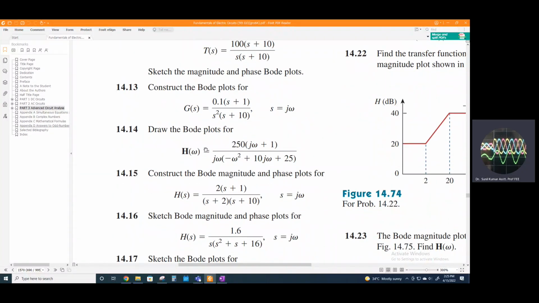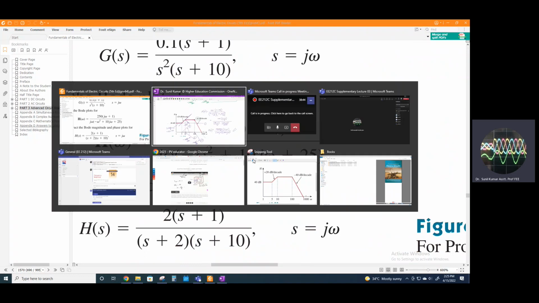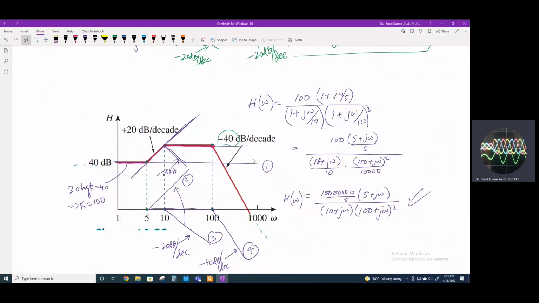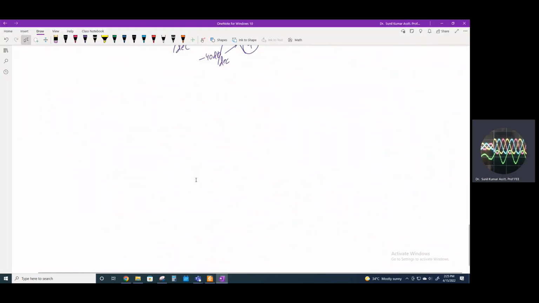Regarding 14.4, this looks like a quadratic equation, but I think this can be factorized. This can be made a complete square. Let's see.